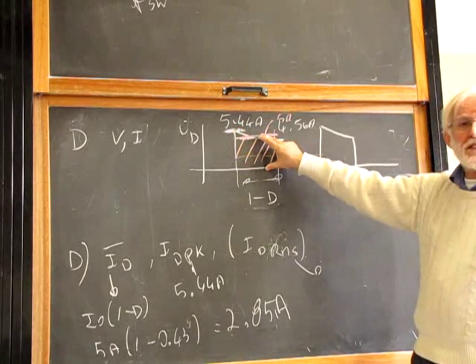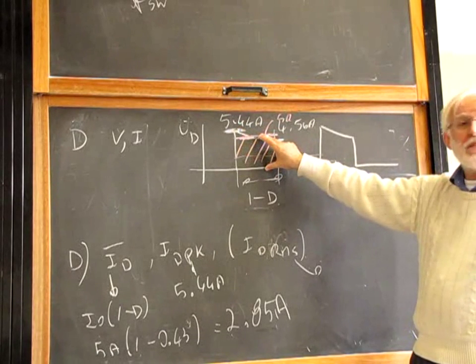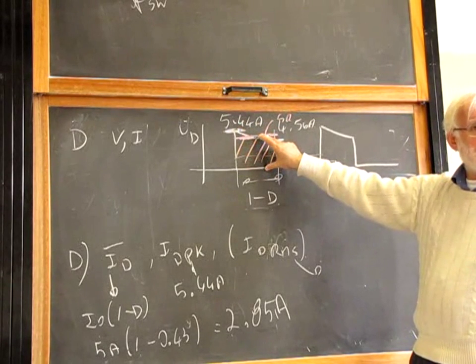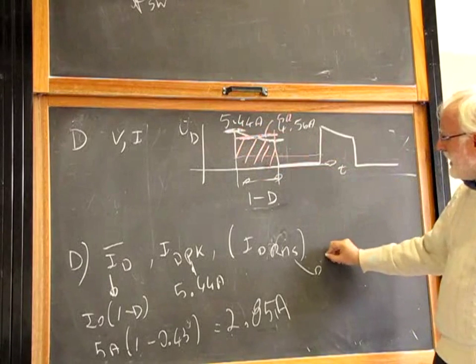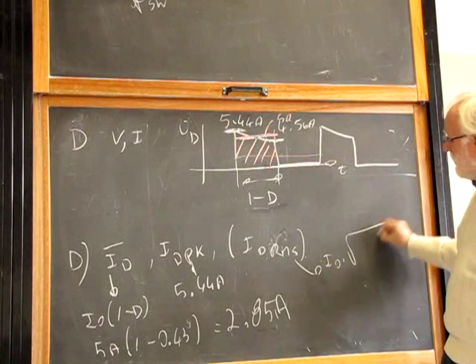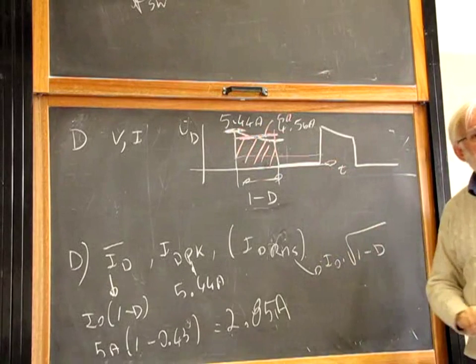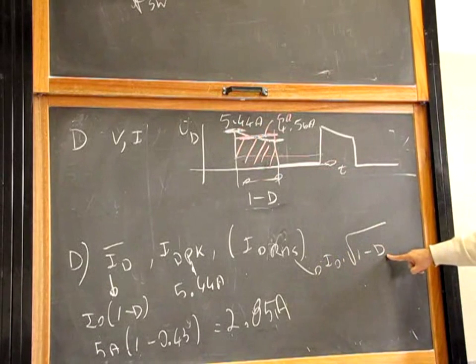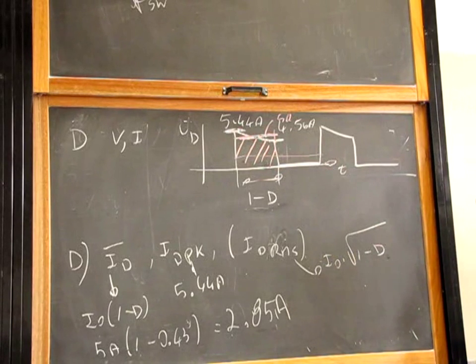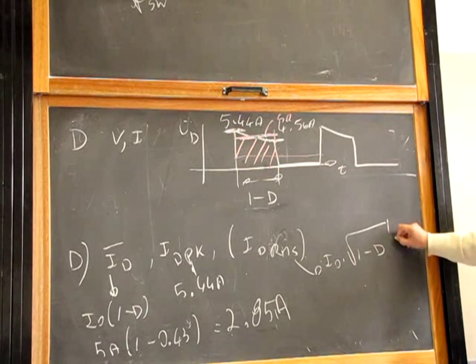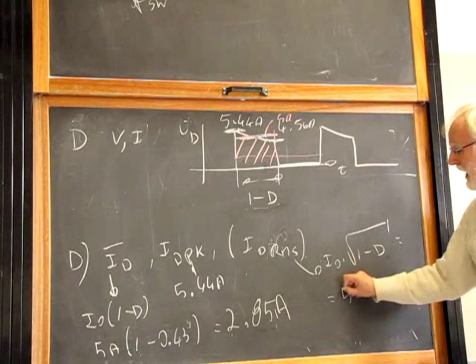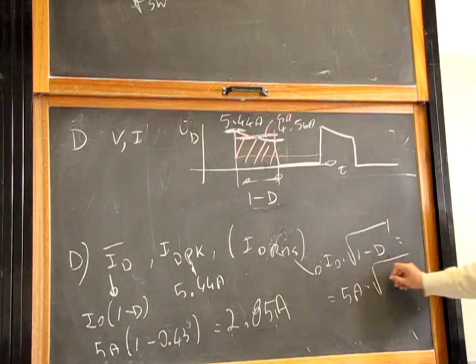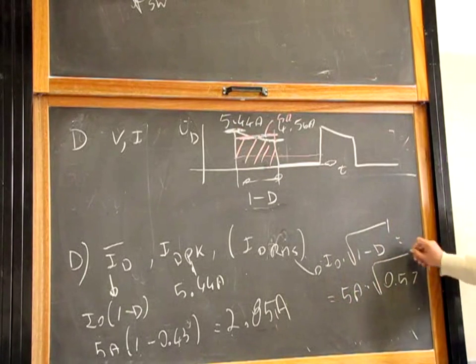And this average happens to be the output current. So ID RMS is just I naught times square root of 1 minus D. Minimum or maximum D? Minimum, because I still want to get the maximum stress on my diode, equals 5 amps times the square root of 0.57.